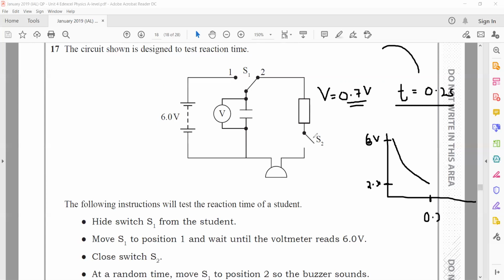So the time constant should be 0.2 seconds. But when I multiply R with C, it is not 0.2 seconds, it is smaller than that. That is why I should use a higher value of resistance and a higher value of capacitance until it matches with the reaction time of the student. It should not be too high, it should not be too low. Is it clear now?